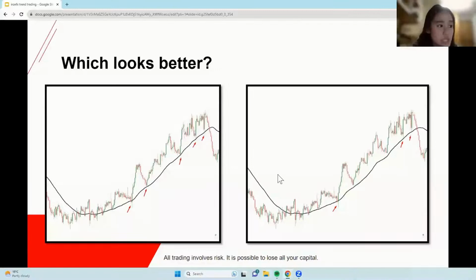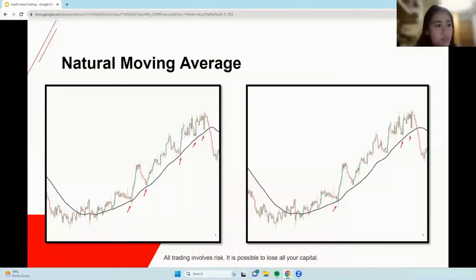Yeah, so the first one definitely looks better. And here we're using a moving average, natural moving average. Okay, let me show you guys the next slide.